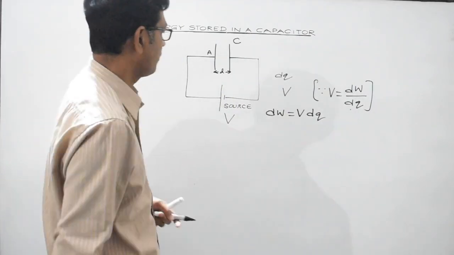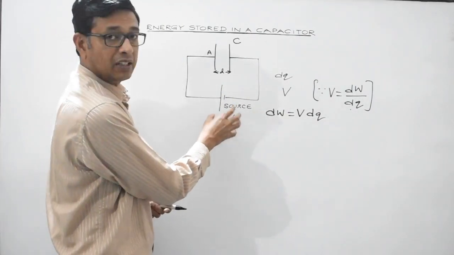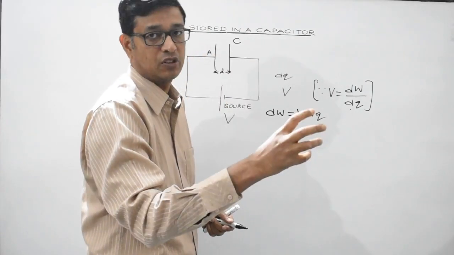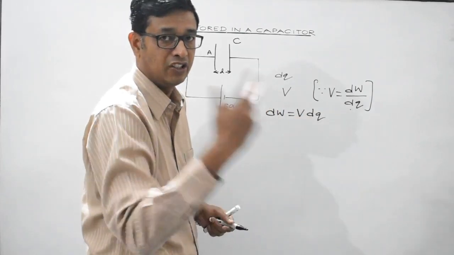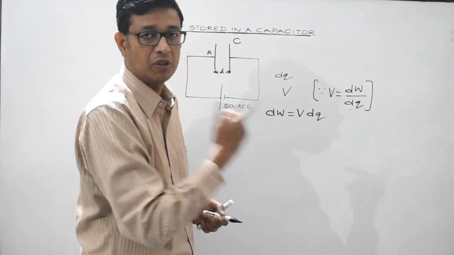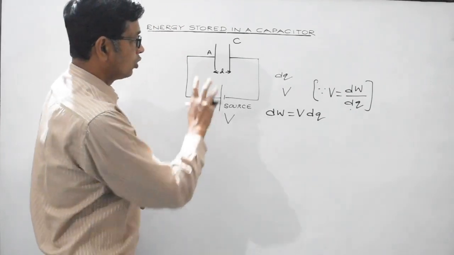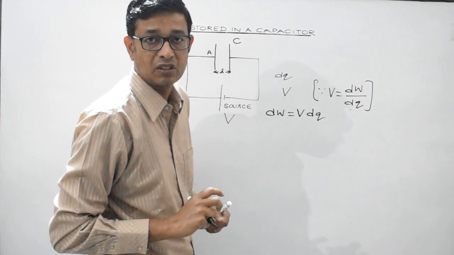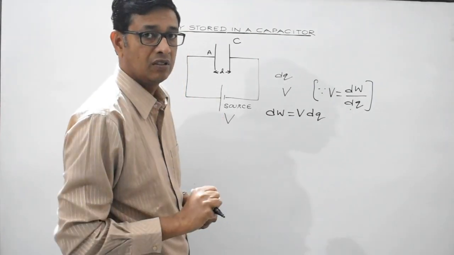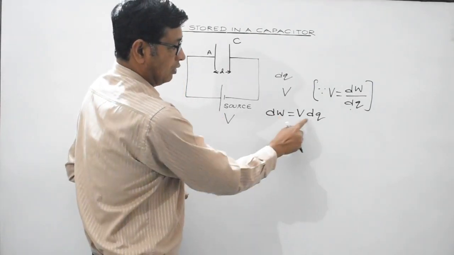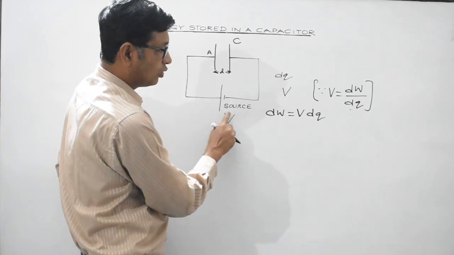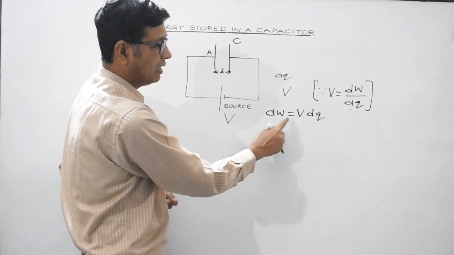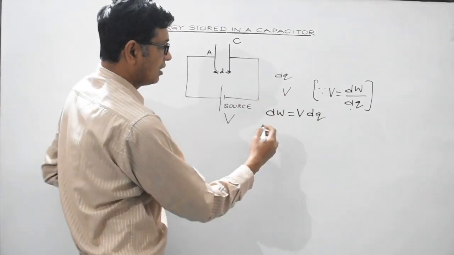Again, I am repeating. Whatever energy is spent by the source in charging the capacitor, the same energy gets stored in the capacitor in the form of its energy, whose expression is to be determined. So here we have considered dq as the charge sent by the source to the capacitor at constant potential V, so the small amount of work done would be dW equals V dq, right?